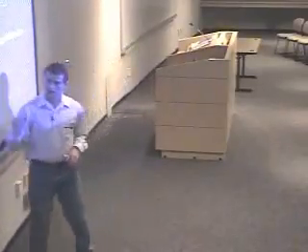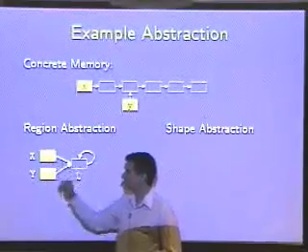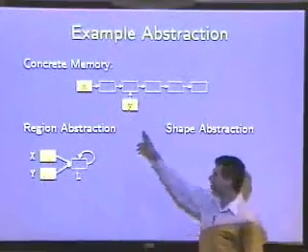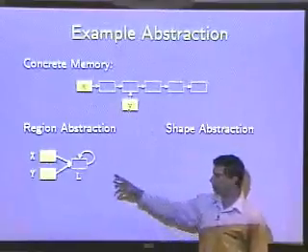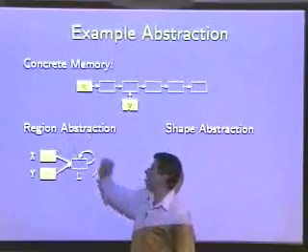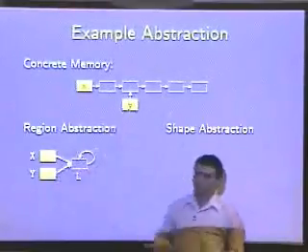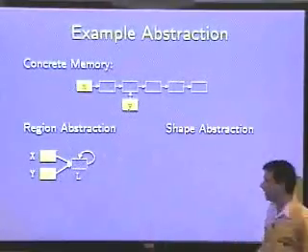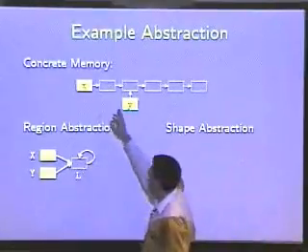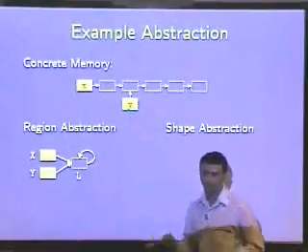The region abstraction given by the pointer analysis in this example consists of 3 regions, one capital X, another one capital Y for the 2 variables x and y. So region X models the location of variable x, and region Y models the location of variable y. And then there is a third region that models the entire list here. Okay?